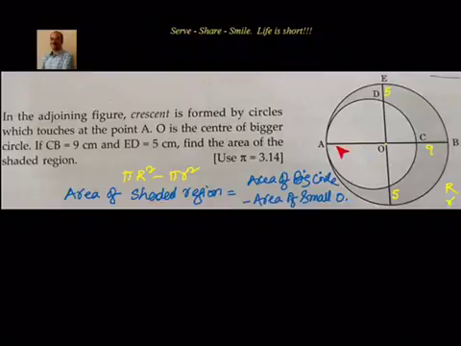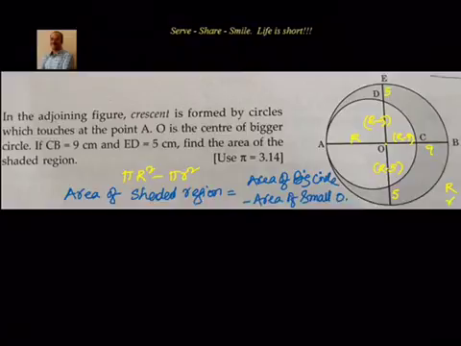But what is AO? AO is nothing but capital R. Then what is OC? OC is nothing but R minus 9. Similarly, OD is equal to R minus 5, and this is also equal to R minus 5.